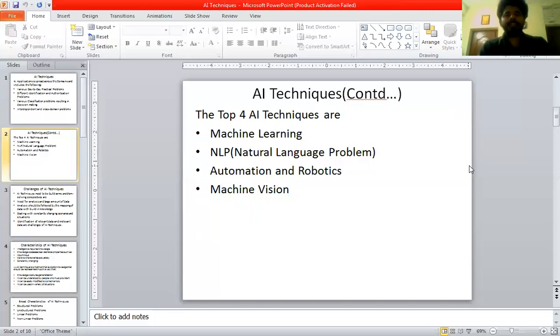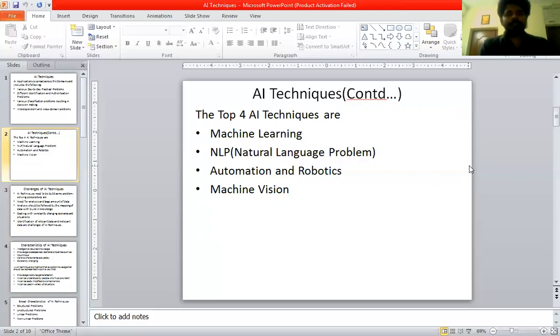Next, the third one is automation and robotics. We know about automation and robotics. We can use voice, or we can take one robotics concept as an example. A robot has both hardware and software that we implement. If the robot wants to pick up an object, the software is built in, and the hardware detects the object using sensors, reaches it, picks it up, and reaches the destination.